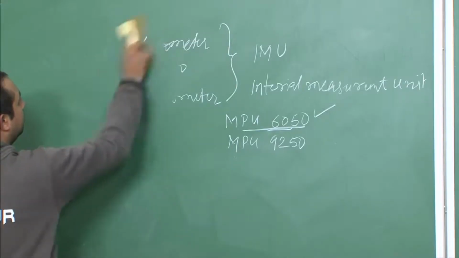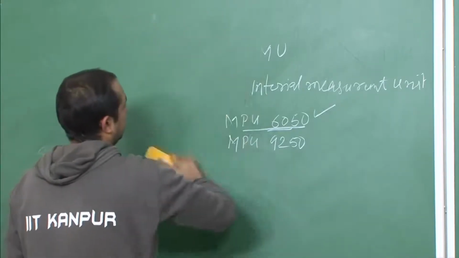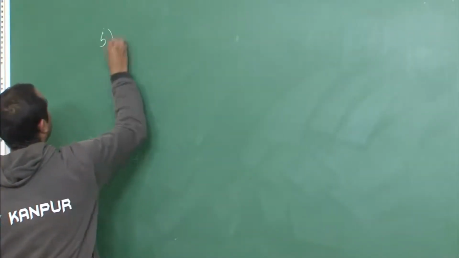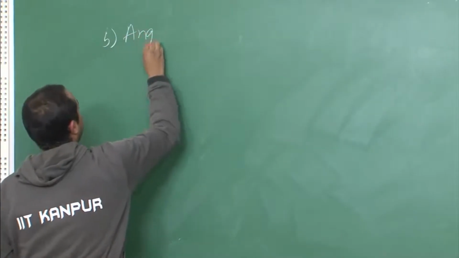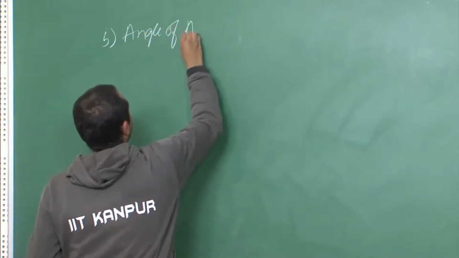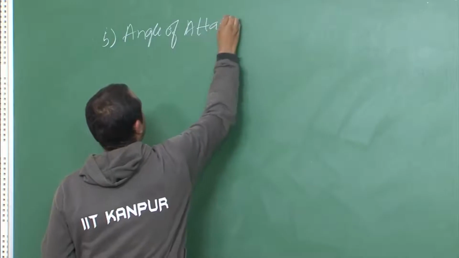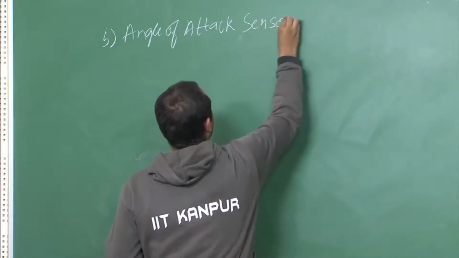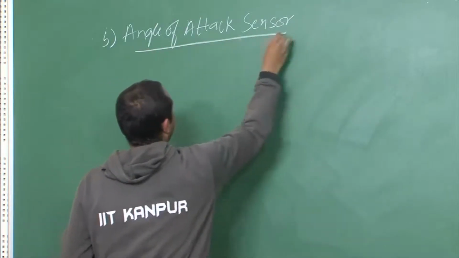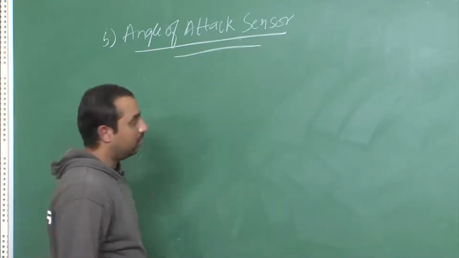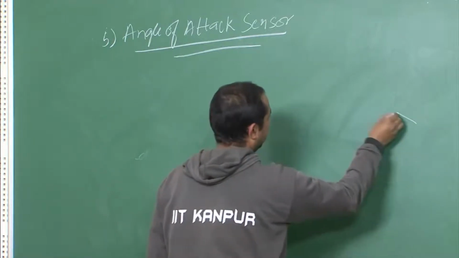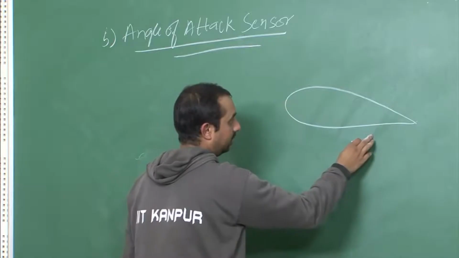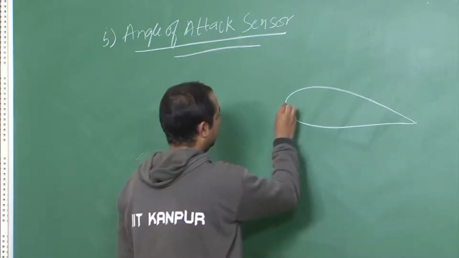Now we'll be seeing what are angle of attack sensors and why angle of attack sensor is needed. So the next sensor will be angle of attack sensor. As you already know, this is a section of your wing.